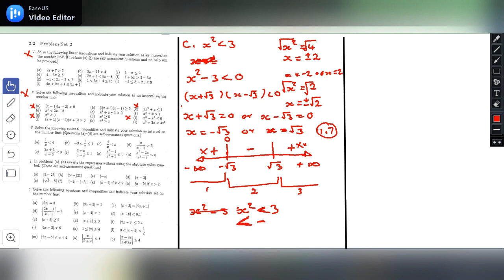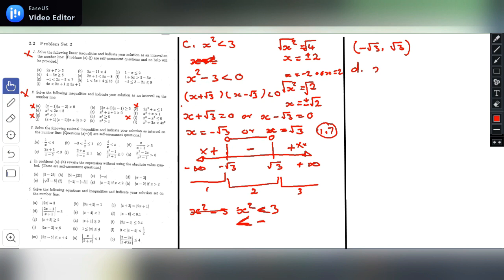It means it's an open interval. Can you guys see it? This is what we are going to have. This is the answer.